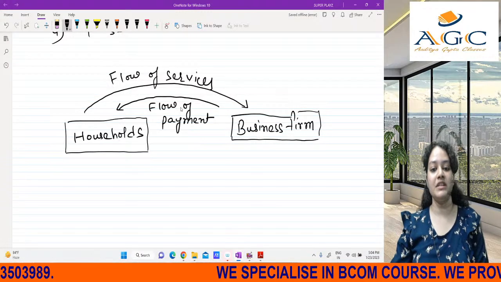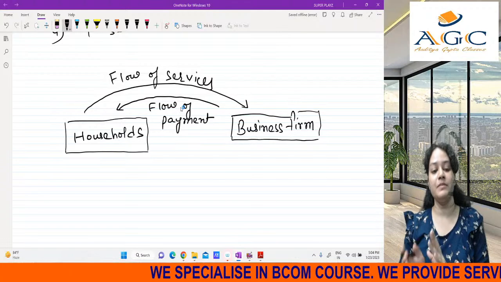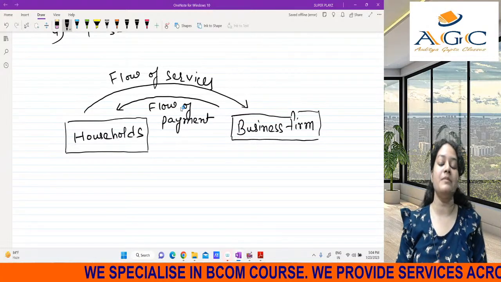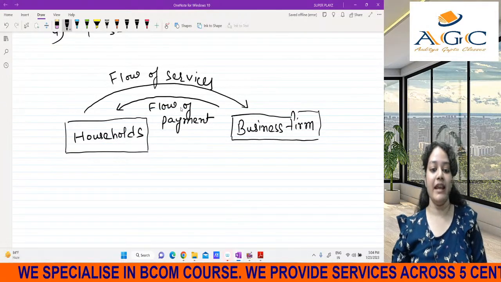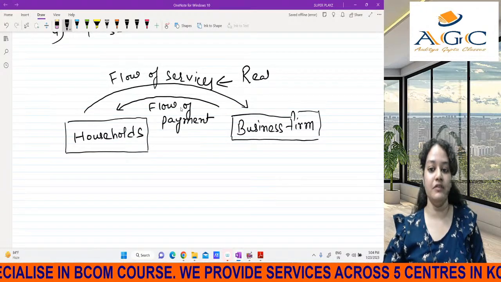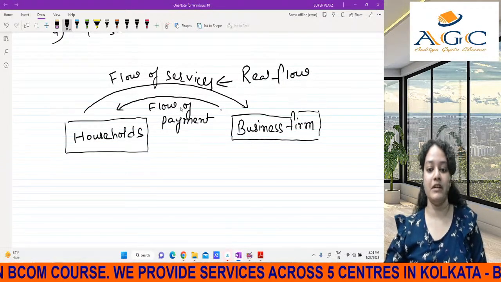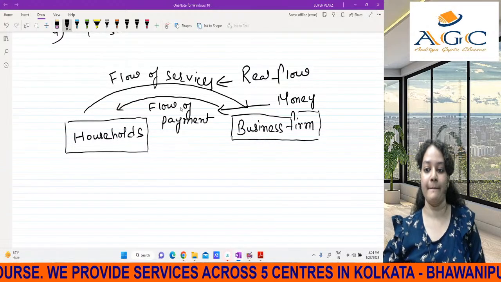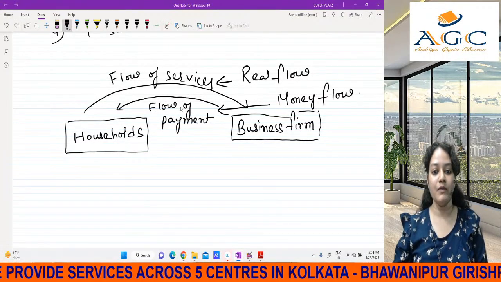So from the household to the business firms, flow of services, as in we are working for the business firms, and from the business firms to the households, flow of payments, we are getting paid for the services that we are providing. So we can say that flow of services is our real flow, and flow of payment is our money flow. I hope it's clear to all of you till now.